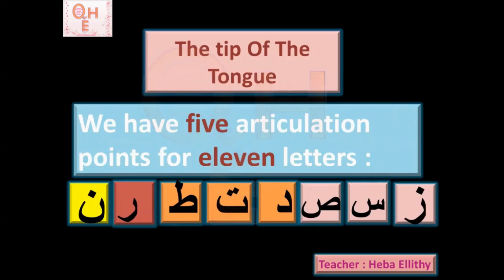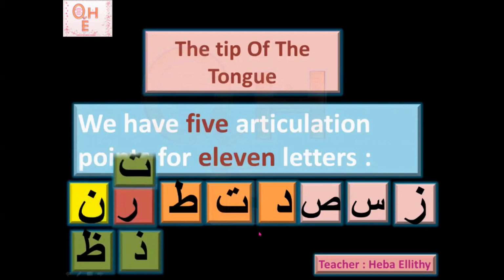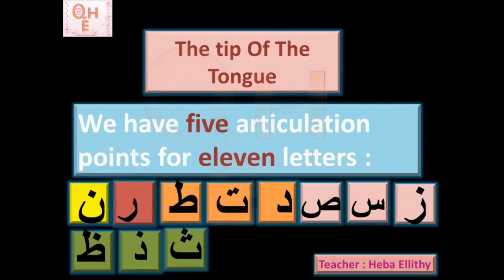Now we have 1, 2, 3, and 4 articulation points. Our 5th articulation point from the tongue is for the letters Dha and Dhal and Tha. Each group of letters comes from one articulation point. I colored it for you with the same color.